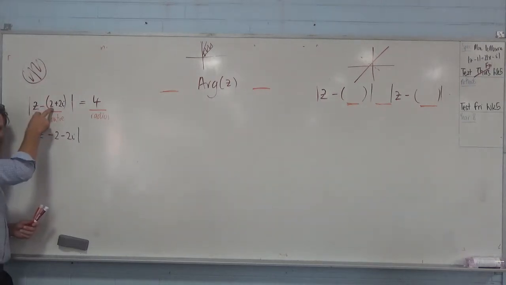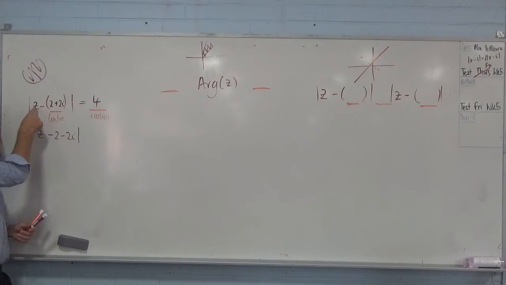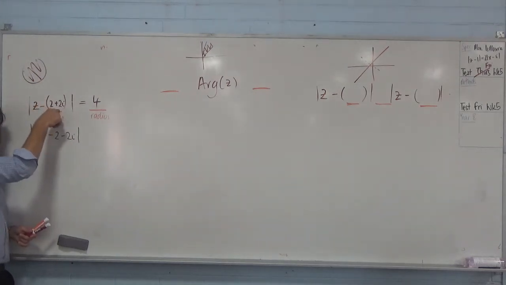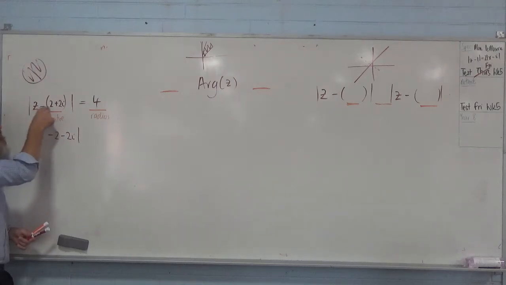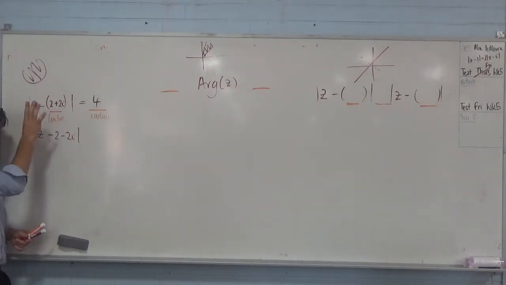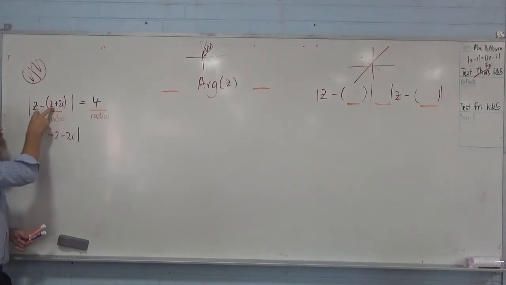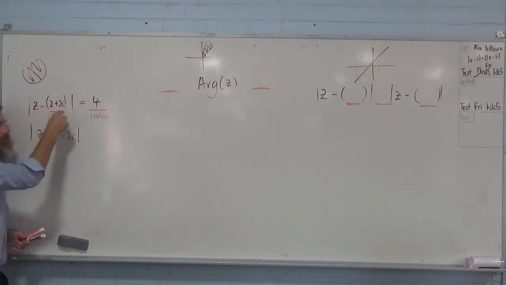This here is saying, what is the difference between some random Z, some point on the Argand plane, and this one? Okay? This is telling me work out the difference between some point, I'll get to that in a minute, and this one. Then once you've worked out the difference in real and imaginary, take the absolute value of that.